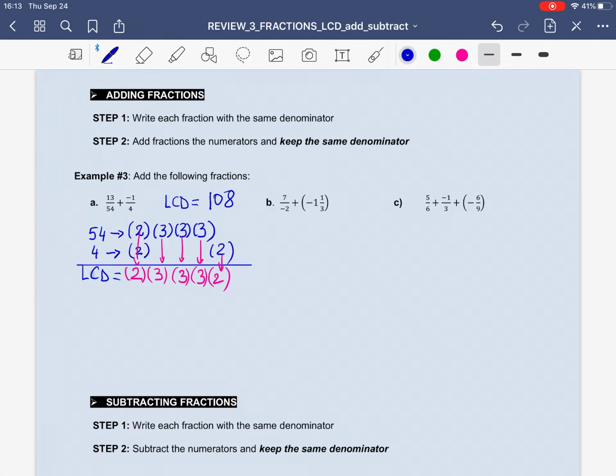Which means that in order to add these 2 fractions, we have to make them with denominator 108. So 13 divided by 54 will become 108 if you multiply it by 2, both numerator and denominator. Now plus and minus in here will make a minus. So we'll write minus there. 1 over 4. So number 4 can become 108 by multiplying by, let's see, 27.